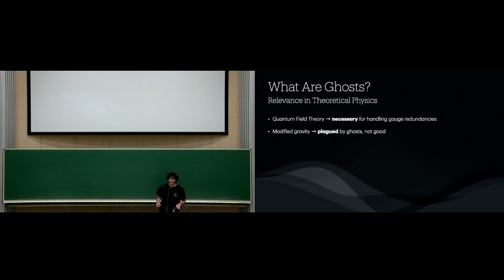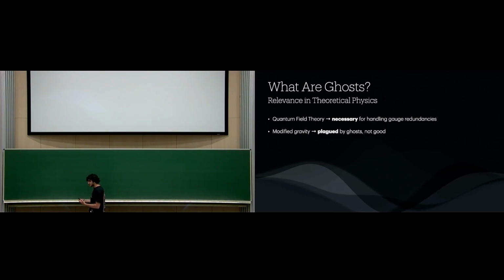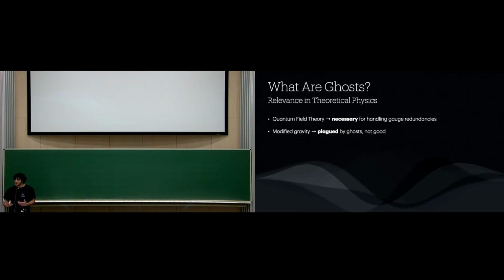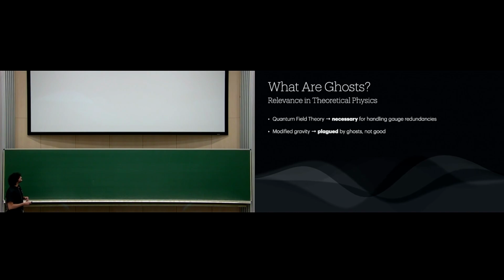There is a theorem called Lovelock's theorem, which essentially defines how GR is unique. If you want to go beyond GR, you need to break this theorem, and one of the ways of doing so is by introducing new fields into your dynamics. Many times, these fields become ghosts.